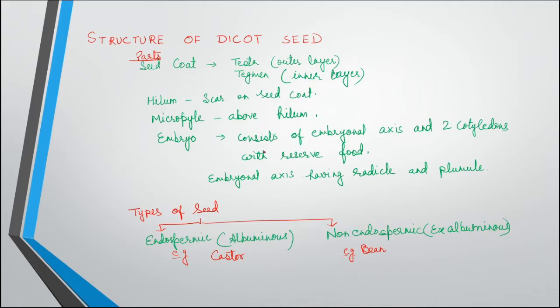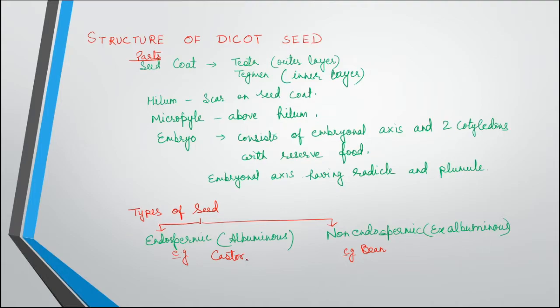The embryo present inside this seed consists of the embryonal axis and two cotyledons. This embryonal axis has two leaflets, upper side plumule and lower side radicle, and the two cotyledons are full of reserve food materials.